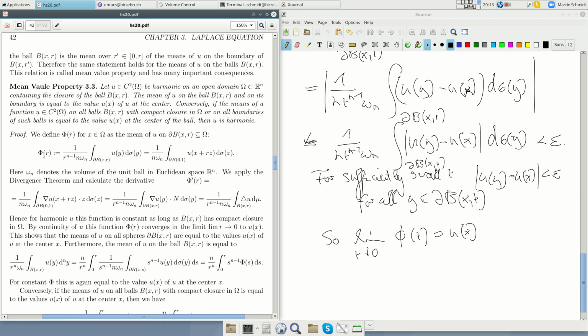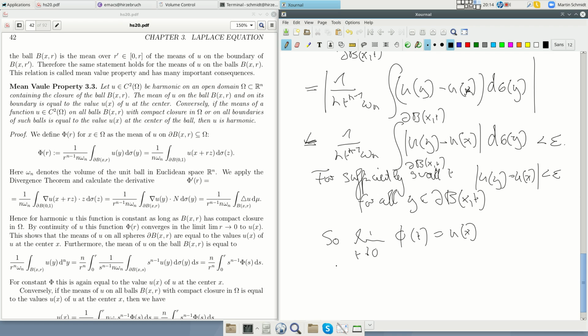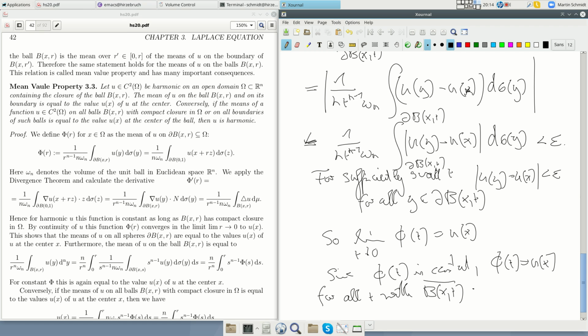And since we have proven that phi of r is constant, we have that phi of r is equal to u of x for all r such that the ball is contained in omega. Okay, now we proved one thing.